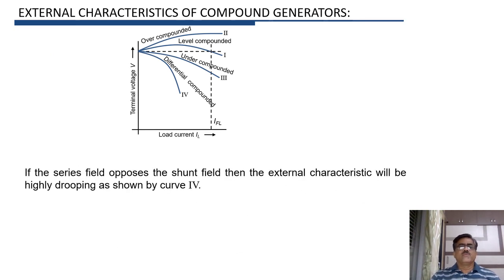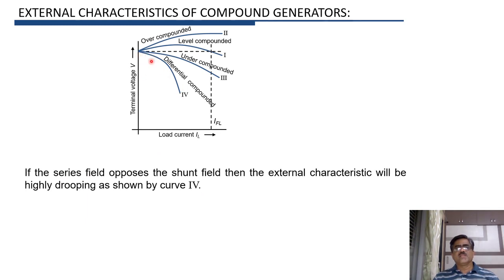Now if the series field opposes the shunt field, means both series field and shunt field are in opposite direction, then the external characteristic will be highly drooping, and it is shown by this curve 4.